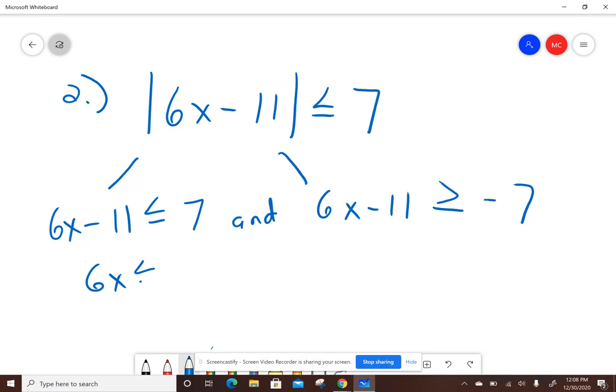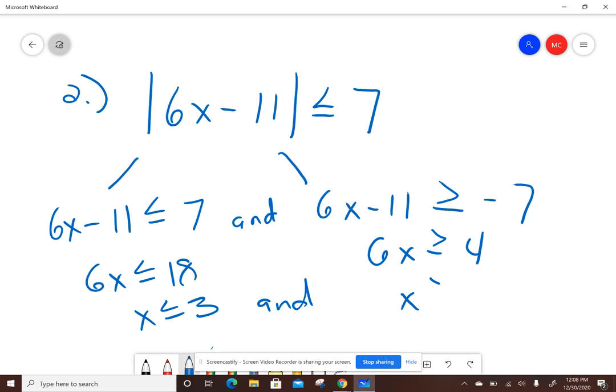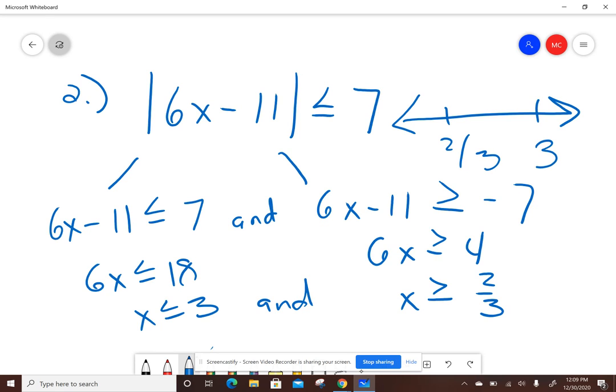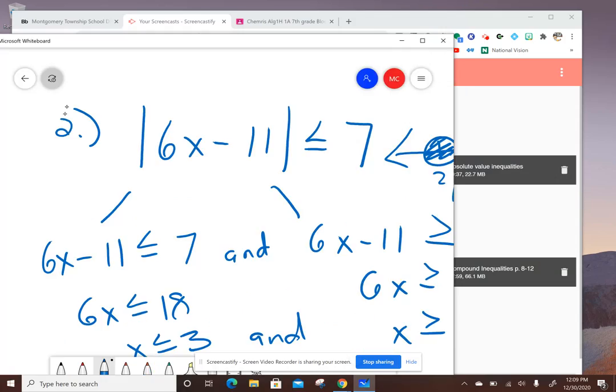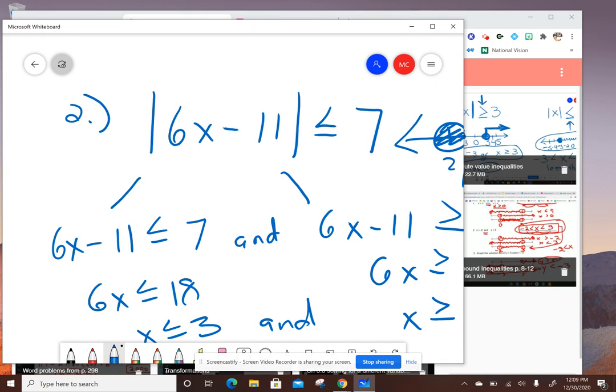We get 6x is less than or equal to 18, x is less than or equal to 3, and 6x greater than or equal to 4, x greater than or equal to 2/3. Classic and, so it's in between 2/3 and 3. And it looks like your classic and. Okay. And then number 3.